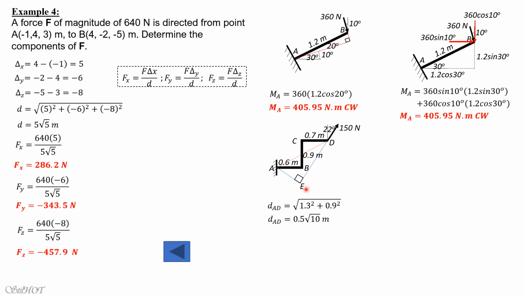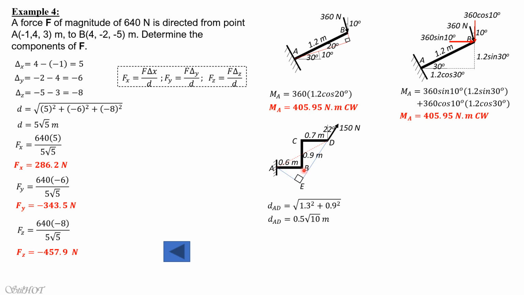So extending, this is the right triangle now, and this angle is 22. We can also add the angle of this red line with respect to the horizontal, which is arctan of 0.9 over 1.3, since the tangent of this angle is 0.9 opposite over 1.3 adjacent.